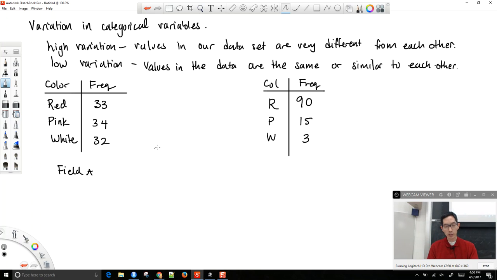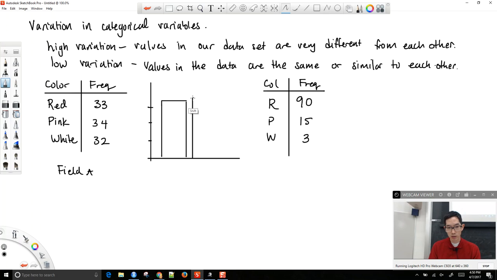And so we create bar charts here. The bar chart over here is going to look something like this, and this, and this. So this is red, pink, white.